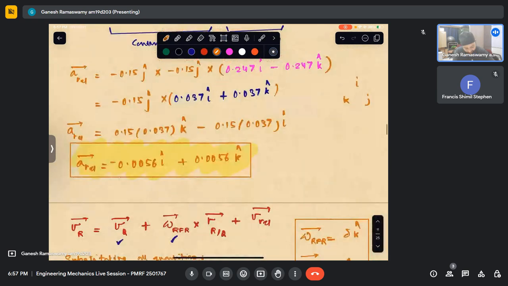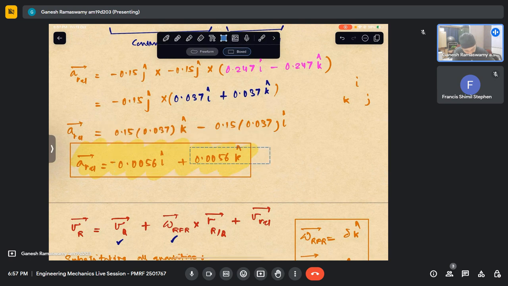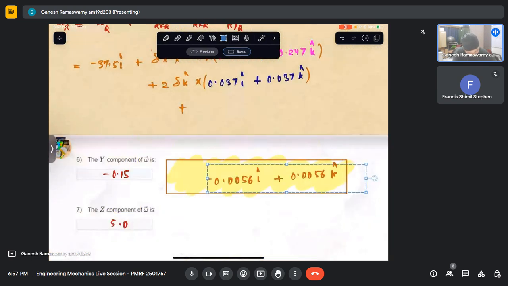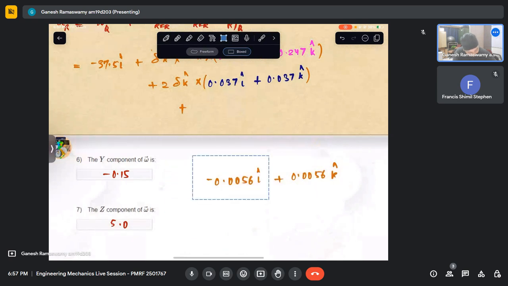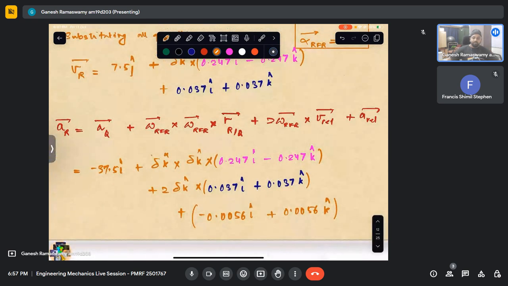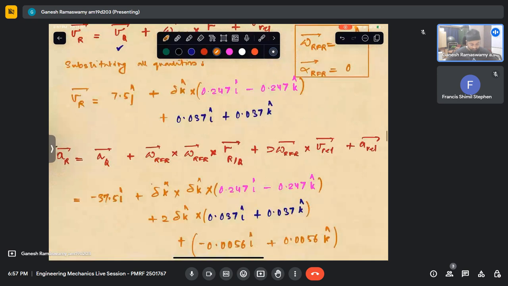So we see all that we did in piecemeal, now everything is being put together in order to find the quantities ultimately. This is my AREL. I don't want to expand this right now. When I post the solution, I'll expand it. But this is how we are doing it essentially.